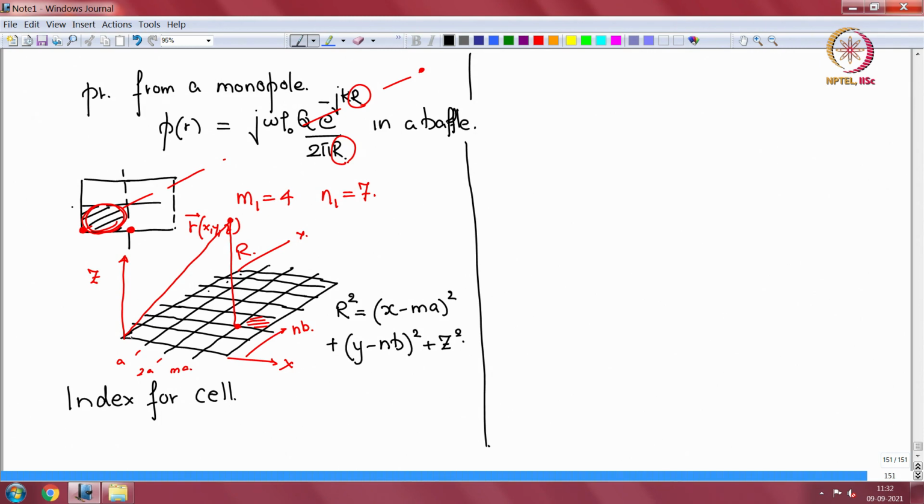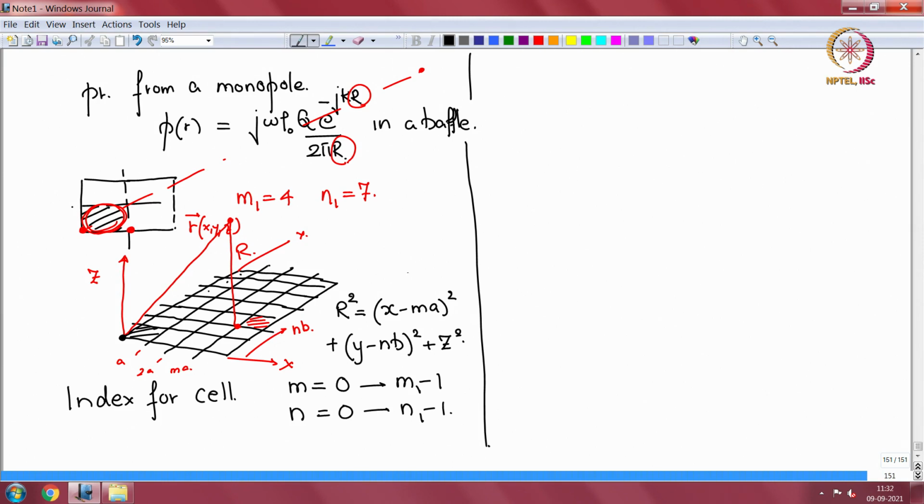The first cell location is at the left hand corner, right here, so my m and n shall begin from 0. m will go from 0 to M1 minus 1 and n will go from 0 to N1 minus 1. ma and nb are the distances of that monopole from the origin.